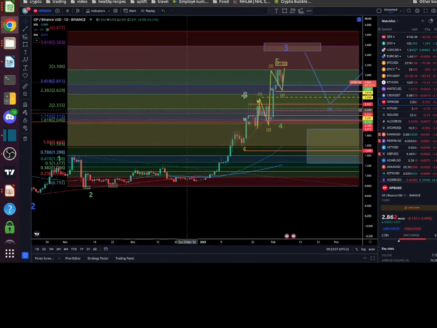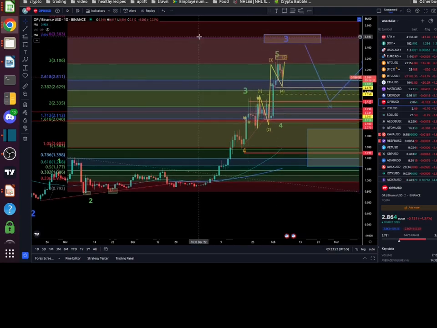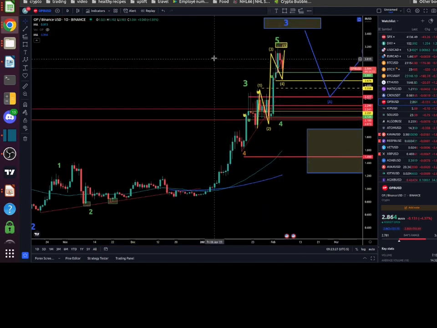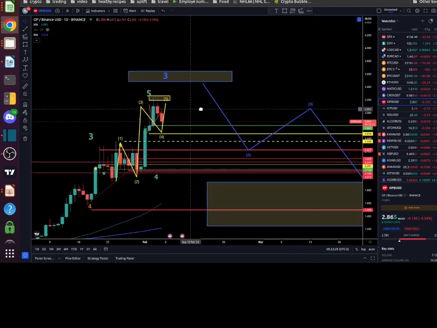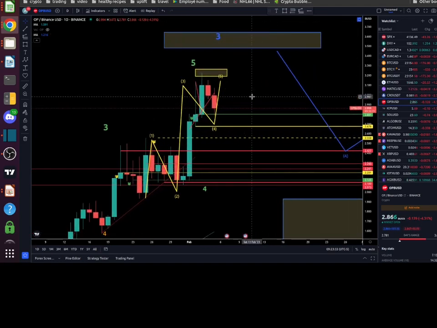So the third wave, we kind of reach this even a little bit higher, and then the 5th wave would have been ideally here at 310, and then we actually reach perfectly the little mini ideal area of, this is just amazing how accurate it can be.